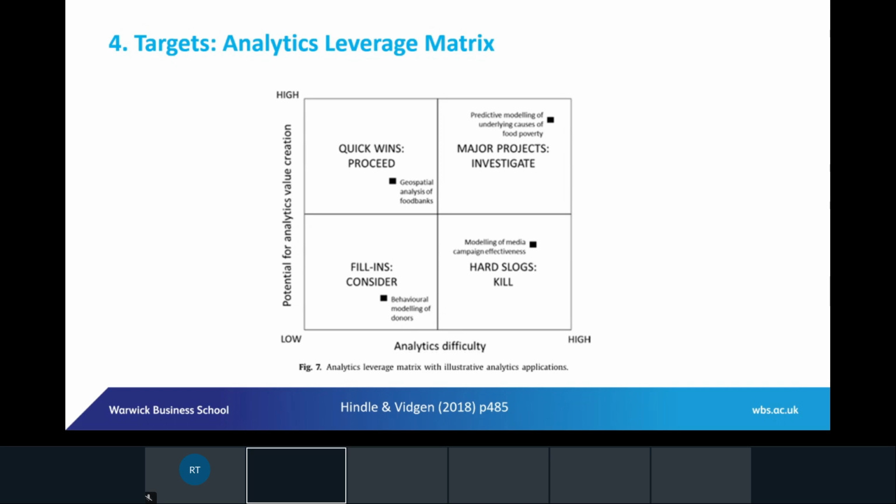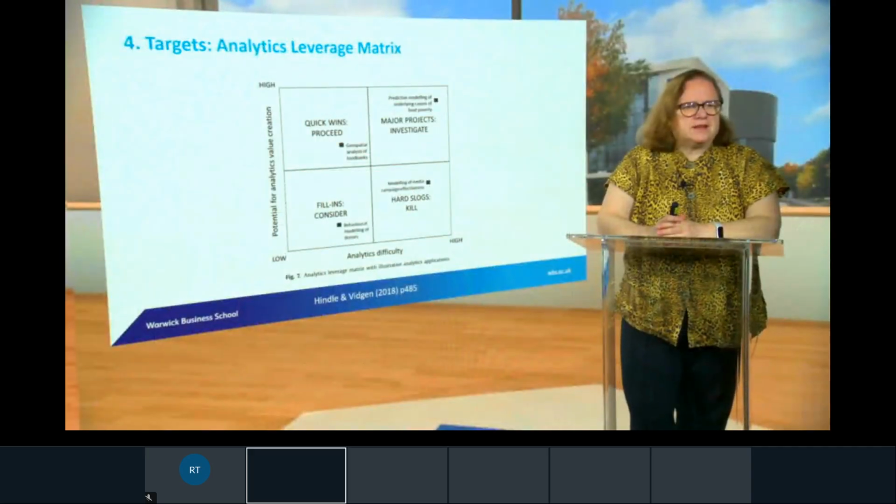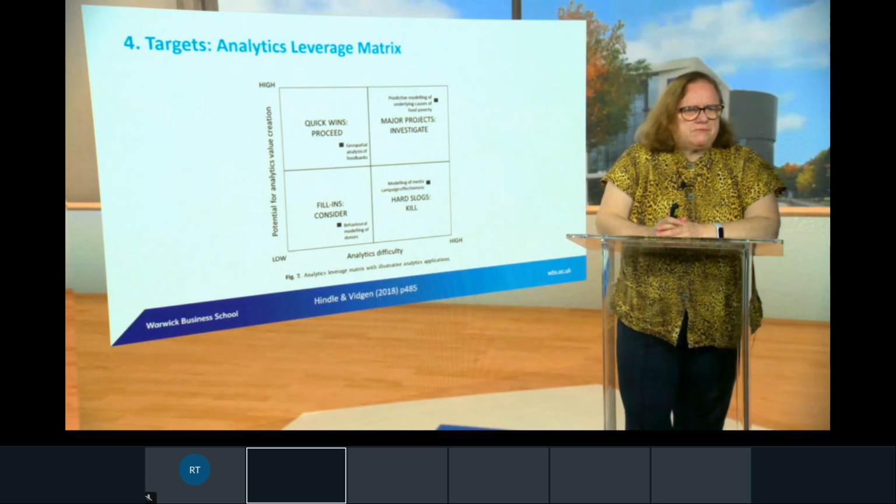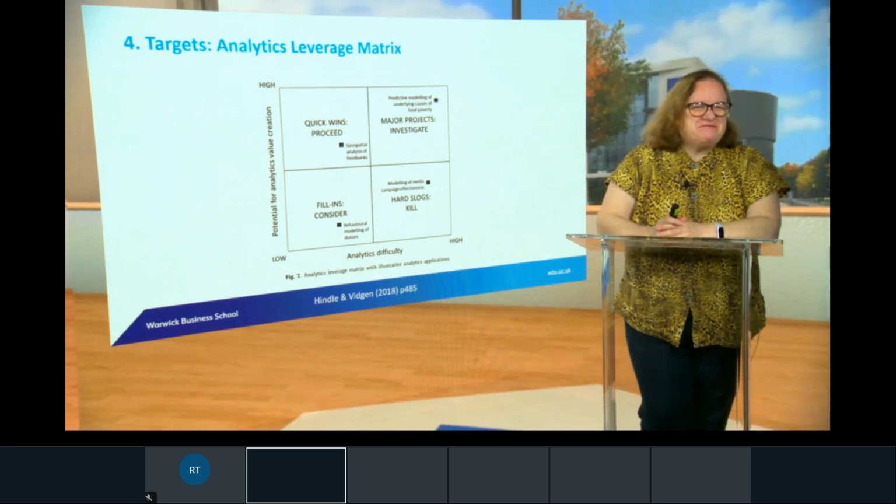Moving round to the right, we have high technical difficulty, but also high value creation potential. So these are, if you like, the go hard, go home style projects. These are the things that we really should think about putting our efforts into. Like an AI marking system, as Michael reminds me.